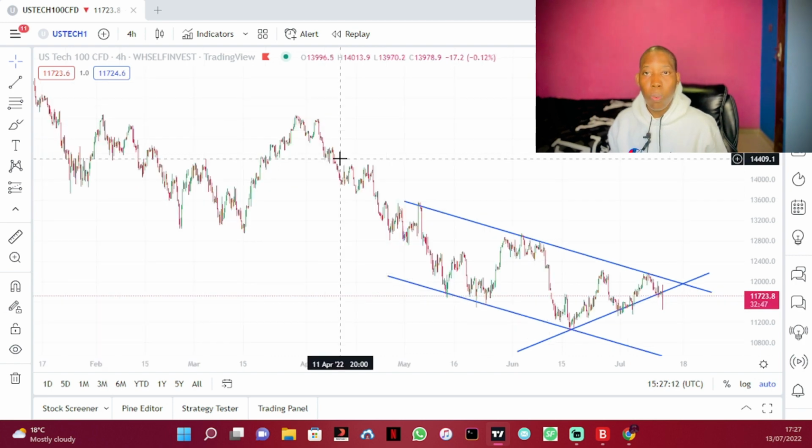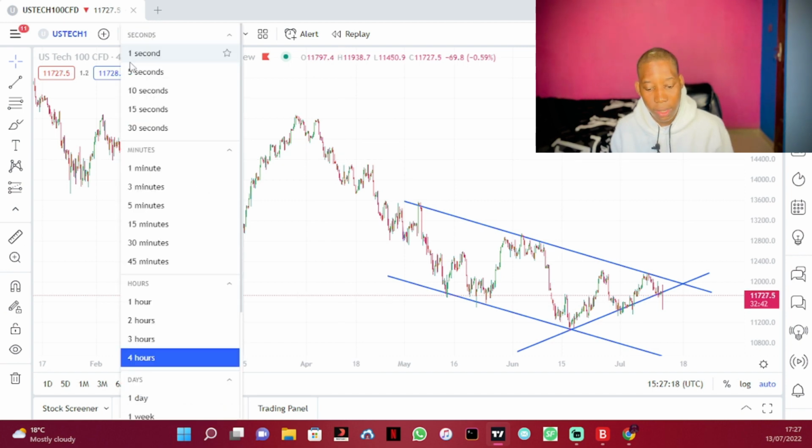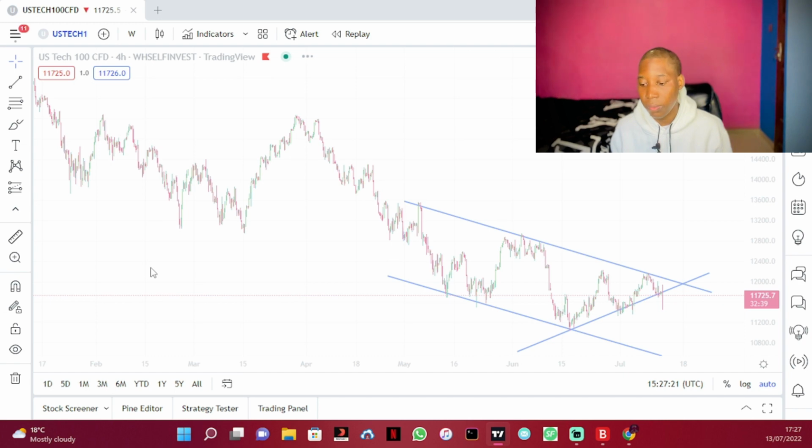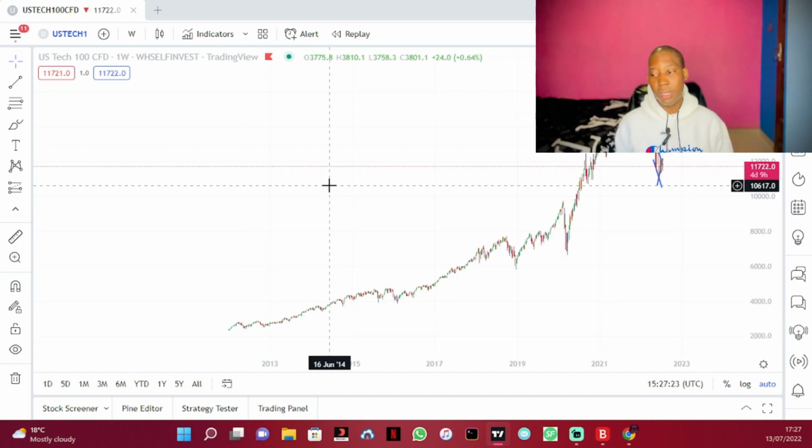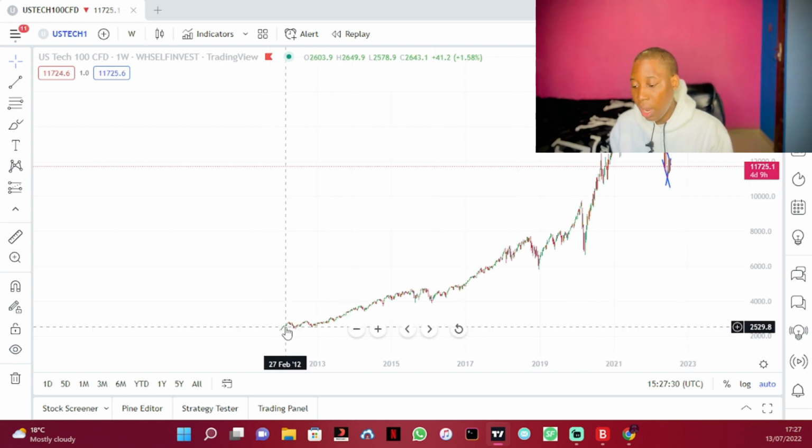One important thing you should know about NASDAQ is that if you go on a higher time frame, let's say a weekly time frame, you're going to notice that the price of NASDAQ has been really going up and up.